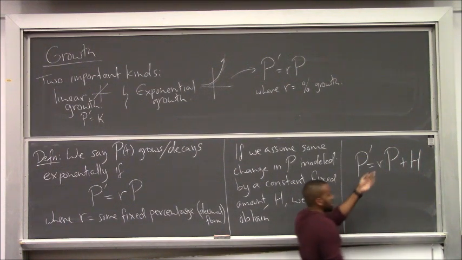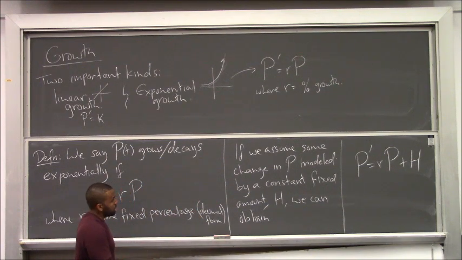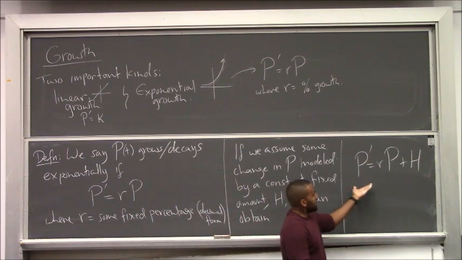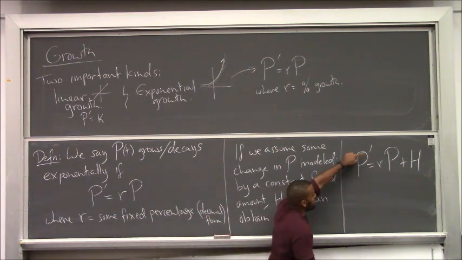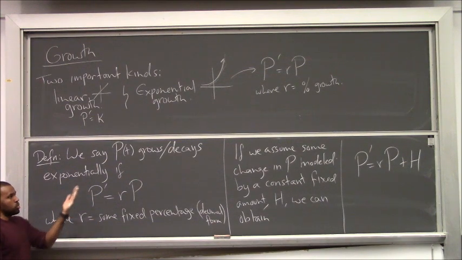So here you have something that on its own is growing exponentially, but something is changing it at regular time intervals by the same amount H. And so we can obtain a differential equation like that that describes the rate of change of P, how it is growing.